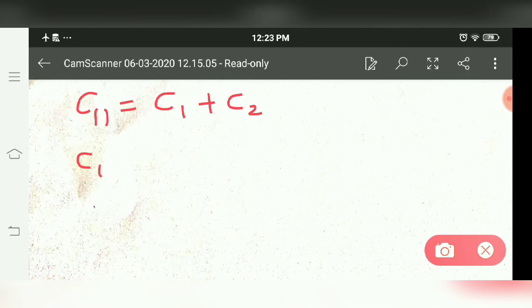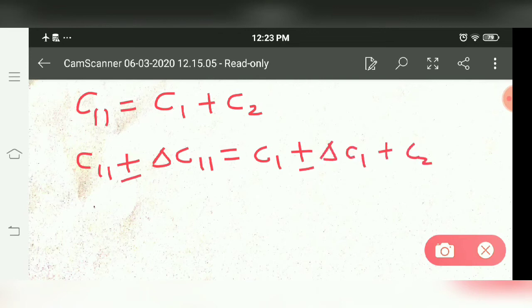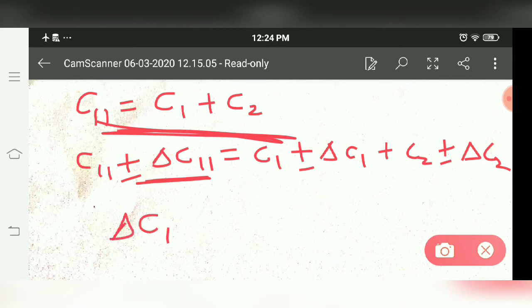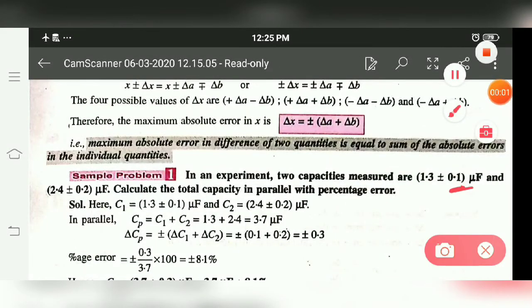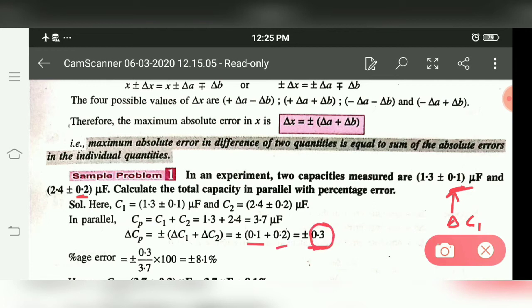So C parallel plus error is equal to C1 plus minus delta C1 plus C2 plus minus delta C2. This is a sum. So for this error we get delta C parallel is equal to delta C1 plus delta C2. The error is delta C1 plus delta C2, which is plus minus 0.3.